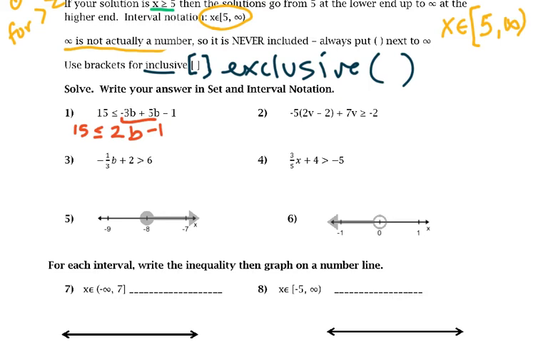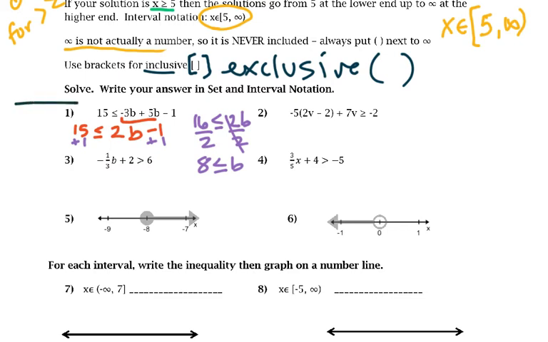And then how do you solve that? We're going to add 1. So I'm going to have 16 is less than or equal to 2b, and then I divide by 2. And I'm sorry I can't zoom this in better, but I'm going to have this number, 8 is less than or equal to b.